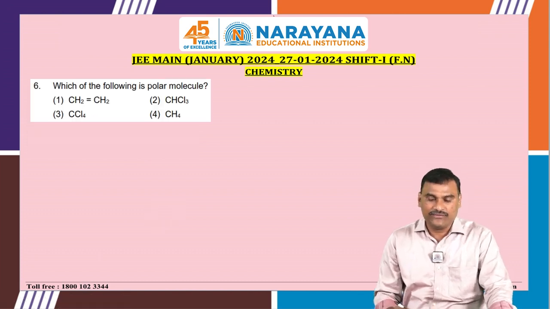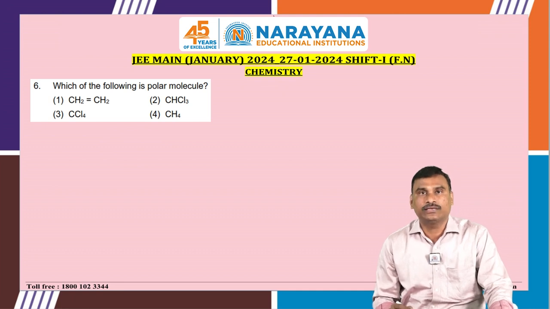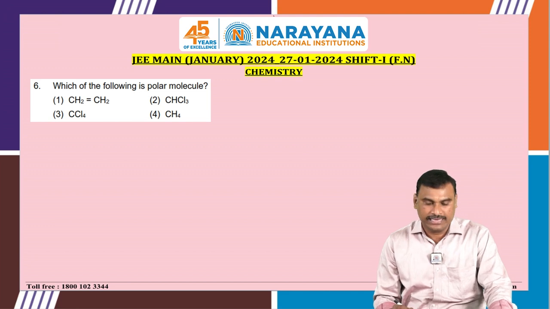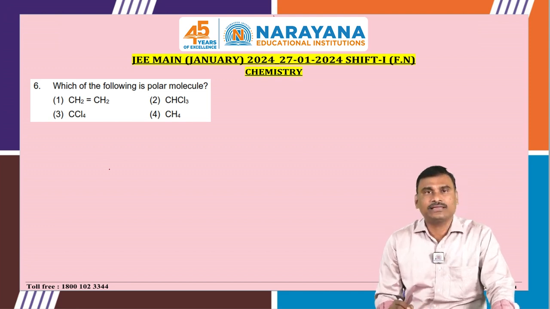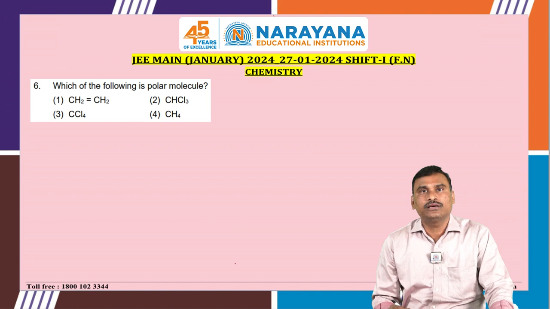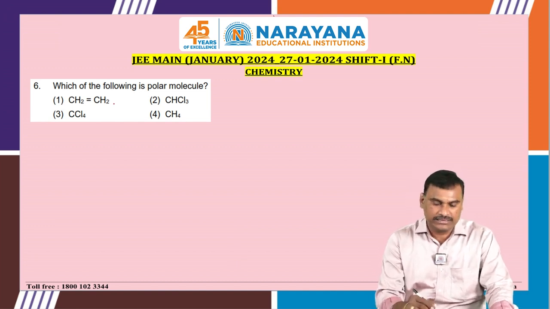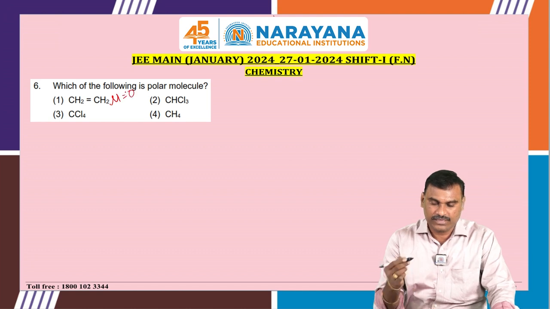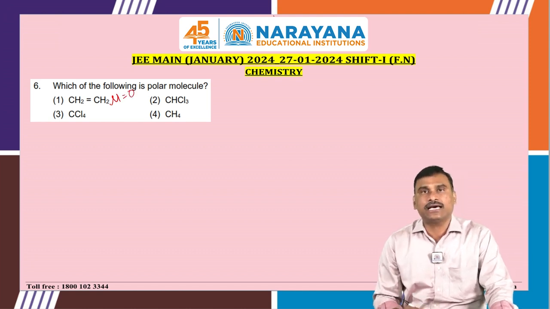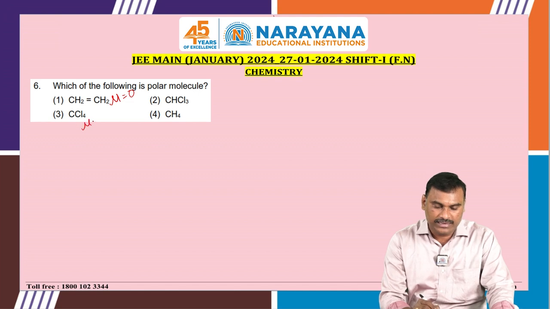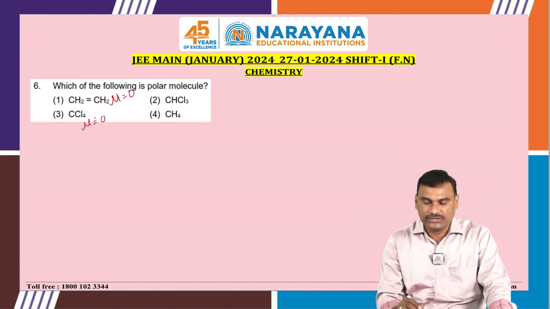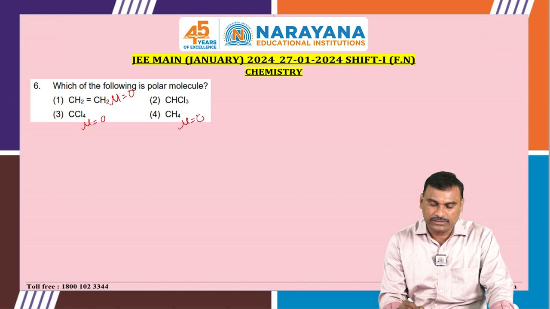Sixth, which of the following is a polar molecule? For a polar molecule, we have to consider dipole moment. For a symmetric molecule, the dipole moment is 0. Ethane is symmetric, so the dipole moment is 0. Carbon tetrachloride is also a symmetric molecule, the dipole moment is 0. And CH4 is also symmetric, tetrahedral.